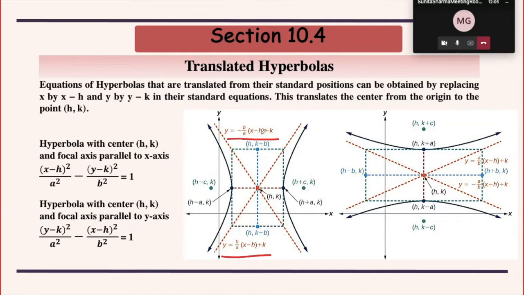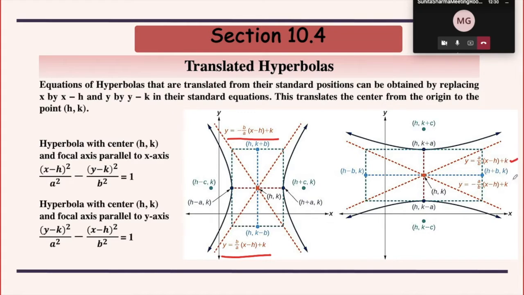Okay, so these are the equations of the two asymptotes which you get in case your focal axis is parallel to the x-axis. If your focal axis is horizontal, then these are the equations, and if your focal axis is vertical, then the equations are given here: y is equal to a by b times (x minus h) plus k, and y is equal to minus a by b times (x minus h) plus k.